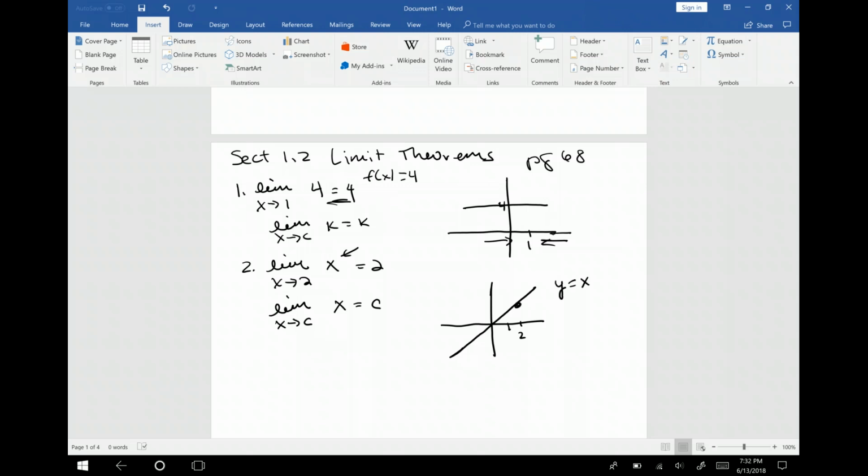All right, so let me look for an example here. Maybe we can do... I don't know if we want to do an example here.